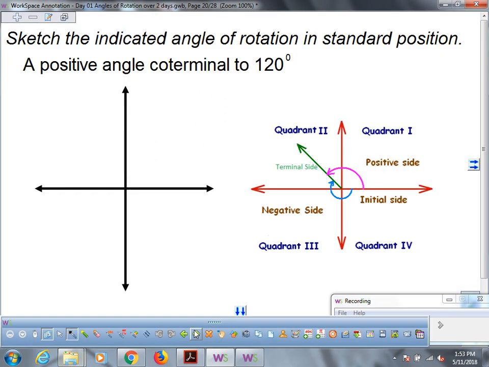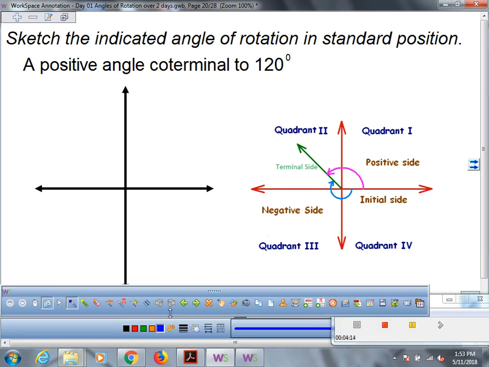All right, so it says sketch the indicated angle. We're just sketching. We're getting a rough idea of where it is. It doesn't have to be perfect. Okay, so we're going to sketch the indicated angle of rotation in standard position. So standard position means that we're starting here on our polar axis, right? So I want a positive angle co-terminal to 120.